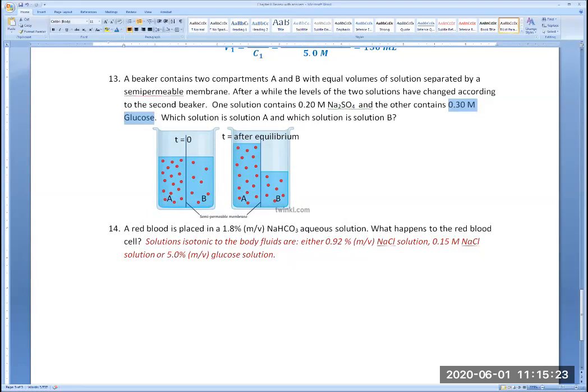And you can see on the beaker on the right, it looks more the same on both sides now, because water has moved to equalize the concentrations.